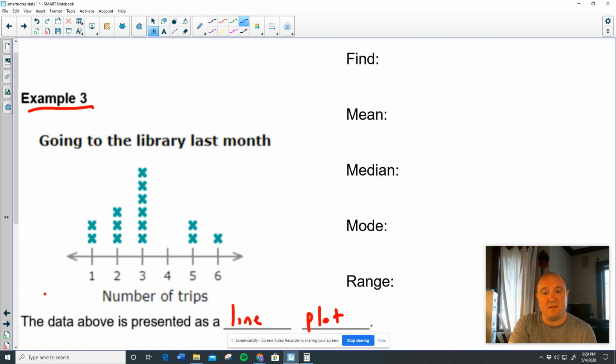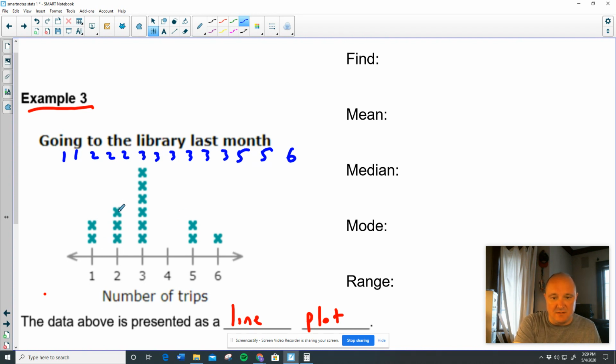So the way to interpret this is to maybe convert this into a list, and you can see what this means. This means that one person went once, another person went once, these 3 people went twice, so there's 3 twos. Then these 1, 2, 3, 4, 5, 6 people went 3 times, so there's 6 threes, no 4s, 2 5s, and a 6.